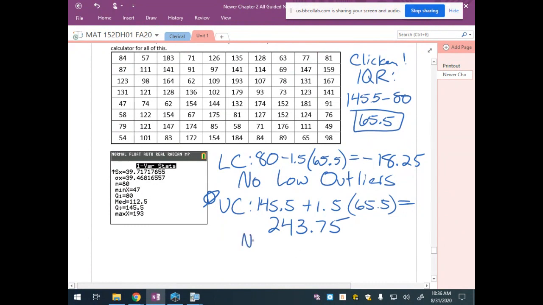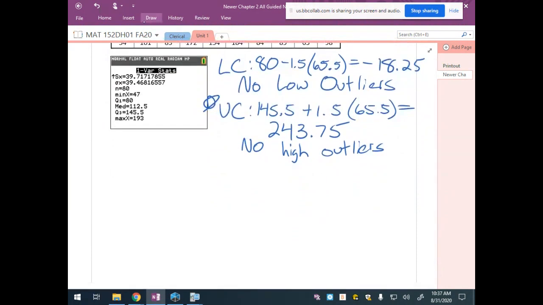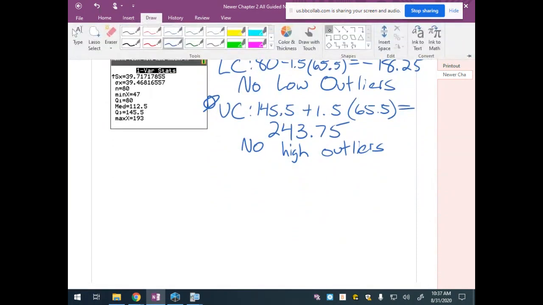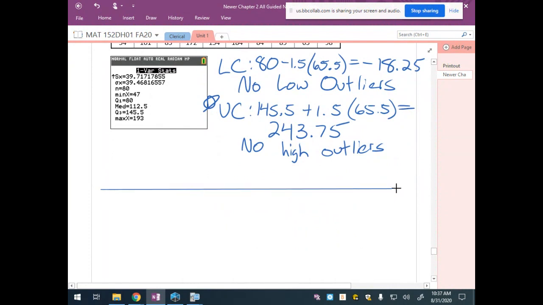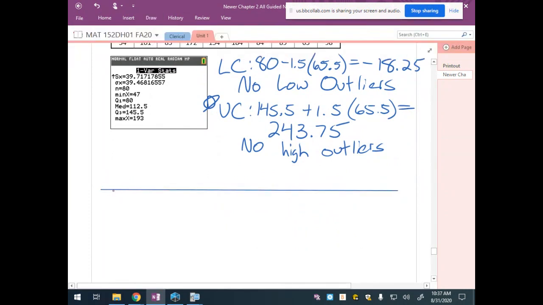No. So we have a rare case where we have no high outliers either. So in other words, we have no outliers, period. So given our minimum is 47 and our max is 193, here's the thing. We can just do the box and whisker plot straight up.